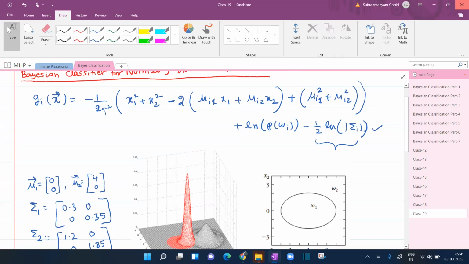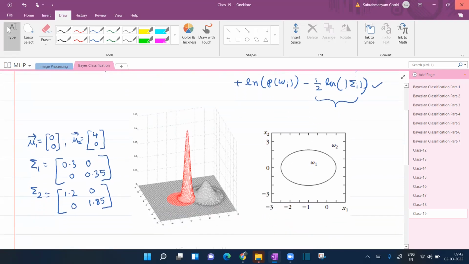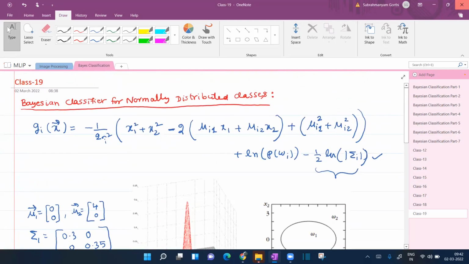So had it been a single feature vector with a single component, this would have been a straight line. Now you could think of it as a plane, because x1 and x2 are there. If it is a single component, that's a line. If there are x1 and x2, the decision plane will in fact be a simple plane. But it cannot have any quadratics here, because the quadratic terms are the same, irrespective of whether you are computing gi of x bar or gj of x bar.